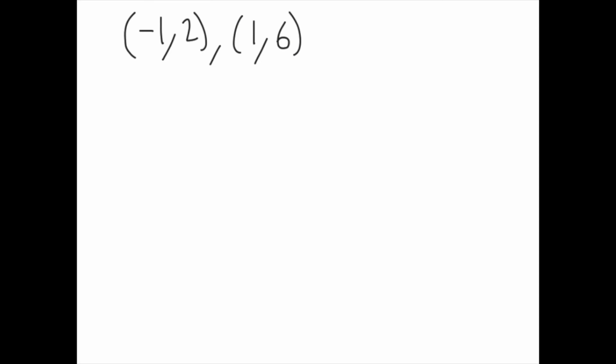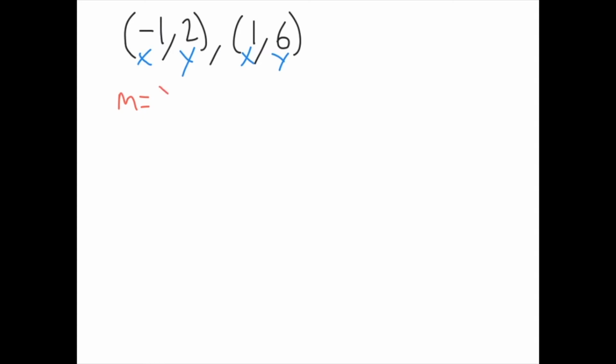Alright, so now in this problem, we have 2 points. -1, 2, and 1, 6. So first we have to find the slope. So if you remember, xy, xy, to find slope, you have to put it in this formula.